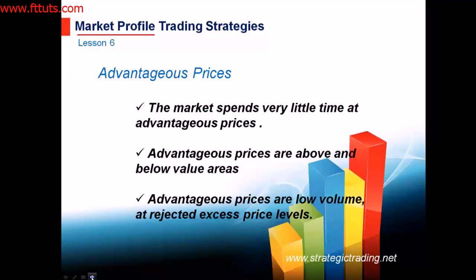And so this is when the longer term player comes into the picture, and usually they're able to move the prices very quickly in one direction or another with a fairly low volume, because there simply isn't the level of two-sided trade that takes place when we are within the value area or around fair price. So advantageous prices are low volume at rejected excess price levels. In other words, they exist at the extremes of our profile.